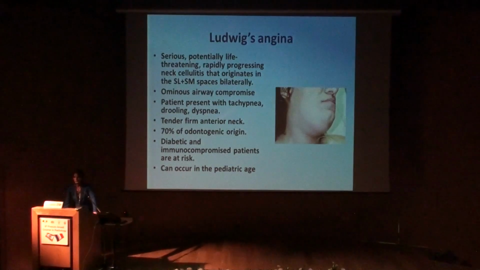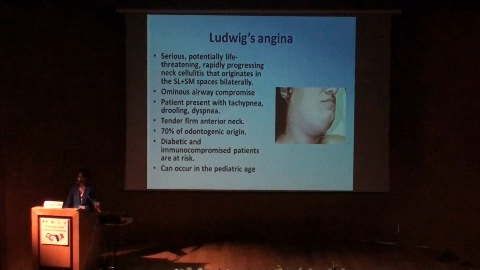Ludwig angina is a specific type of odontogenic infection. It's also presented here with the odontogenic infection. It is a rapidly progressing neck cellulitis that originates in the sublingual and submandibular spaces bilaterally.